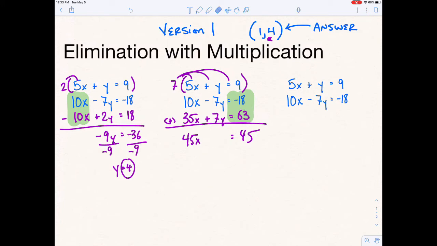So we like that. And you could see that we're going to divide both sides by 45, and x will be 1. So here's the other part of the answer, right? Same strategy as before. I would take this 1 that's equal to x, and I'd put it back into one of the 2 equations. I'd probably still pick the first one because it looks easier. Now, with that in mind, let's go to the third and what some might consider the best technique.